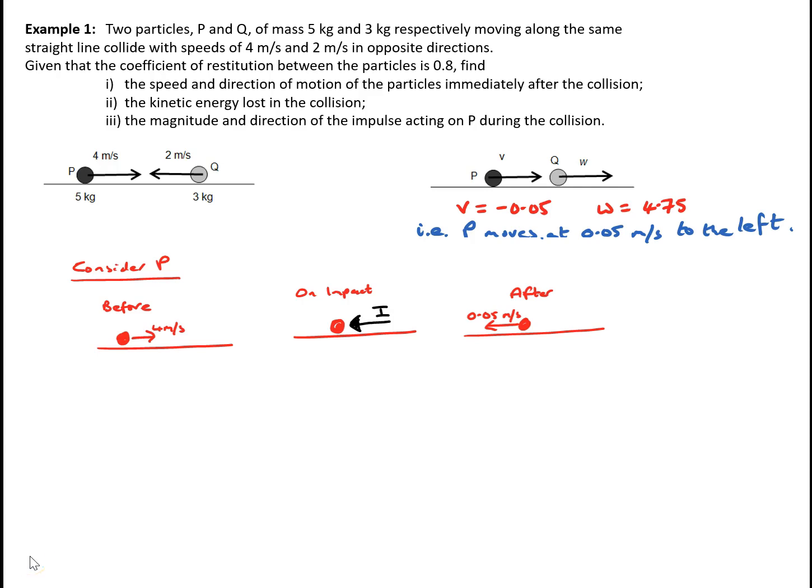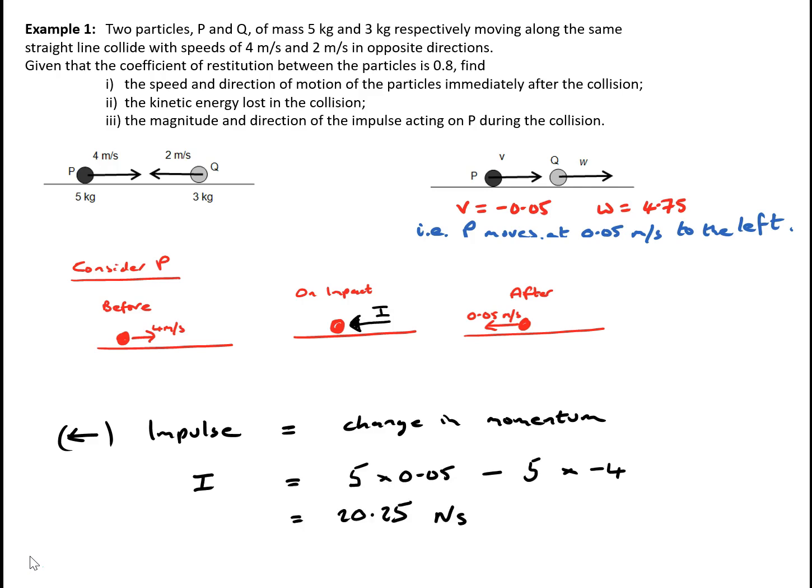So if we apply impulse equals change in momentum, and we'll apply that to the left in this case, we have I equals the final momentum to the left, that is 5 times 0.05, minus the initial momentum to the left, which is 5 times -4.